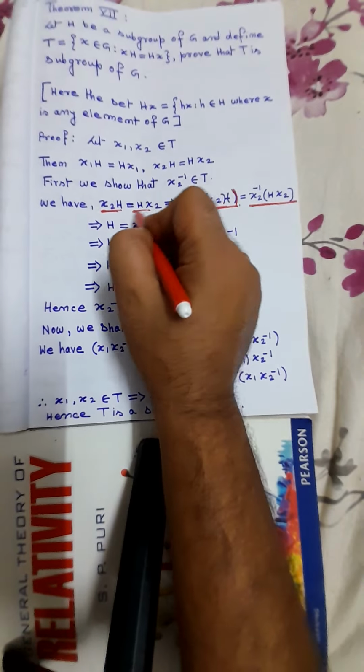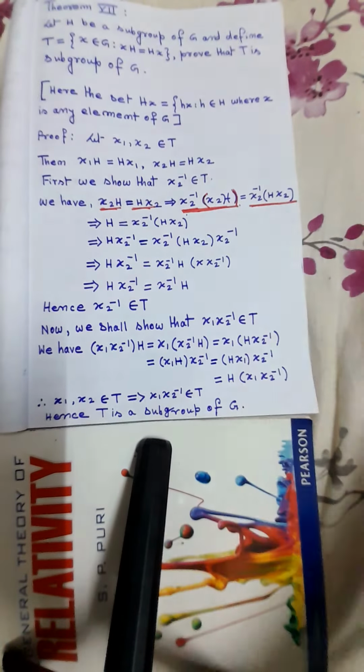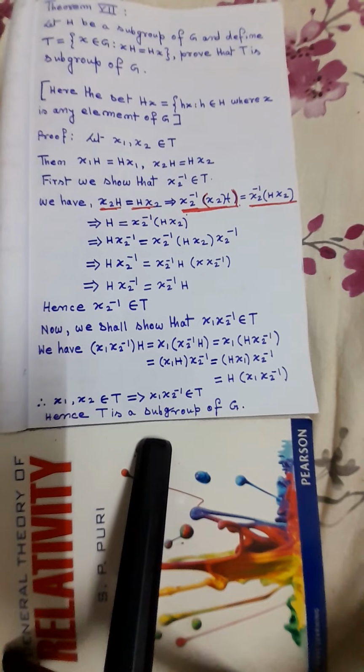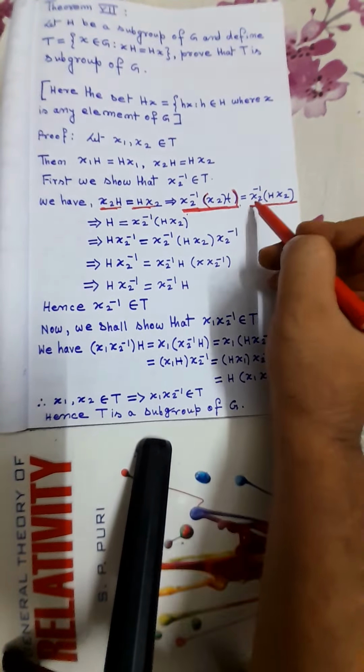We have x2 h equals h x2, correct? If we take x2 inverse at the left hand side, what will we get? x2 inverse x2 h, x2 inverse h x2.